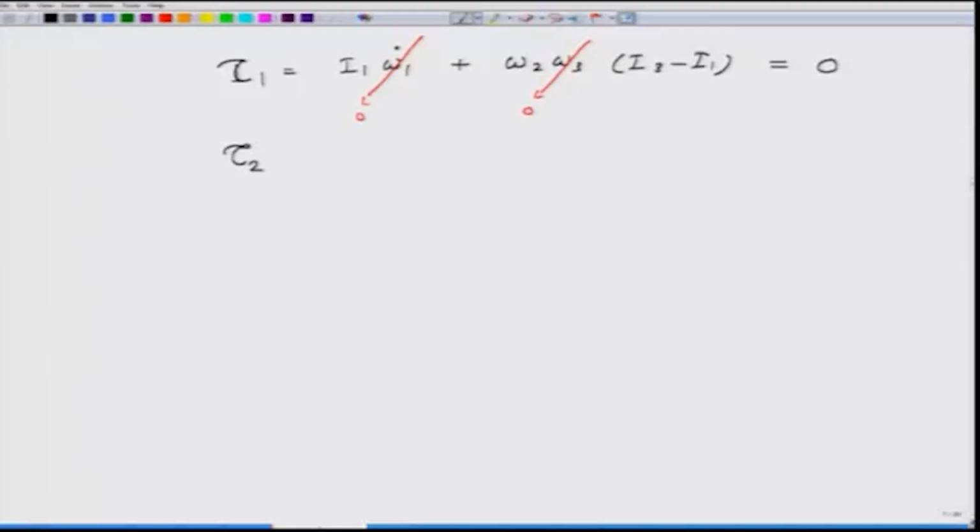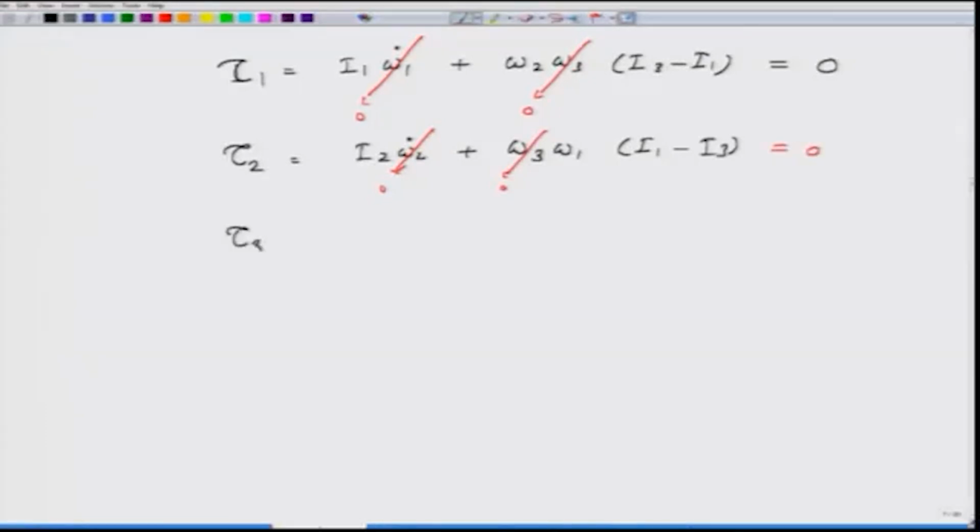Tau 2 similarly is I 2 omega 2 dot plus omega 3 omega 1 (I 1 minus I 3), and again omega 2 dot is 0 and omega 3 is 0, and therefore, this whole thing is 0.